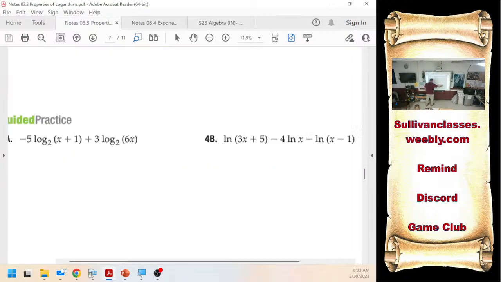So, you've got your properties. We've already done the expansion stuff. Now it's just go in reverse. We give you a big ugly thing, turn it into a single thing. Okay, condense them using our product, quotient, and power properties.